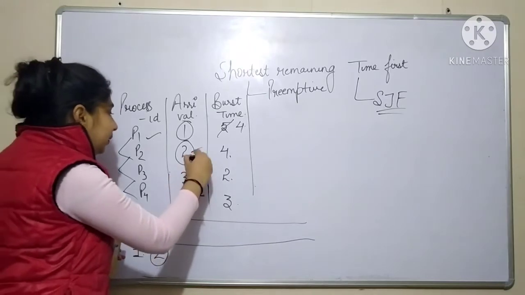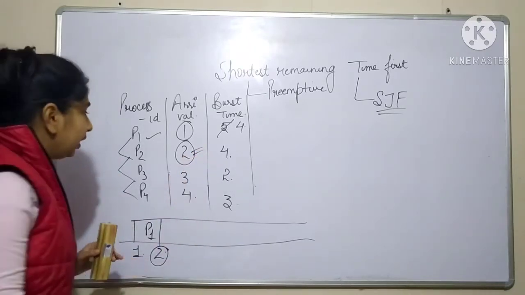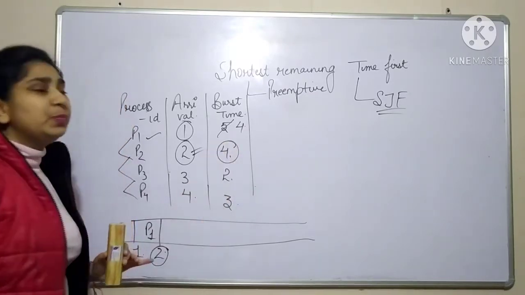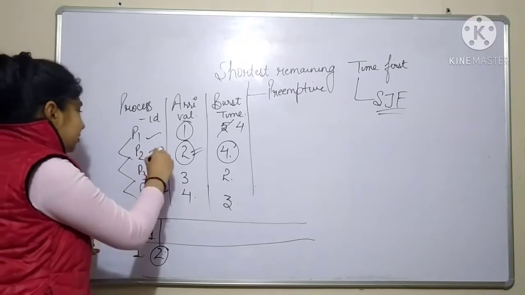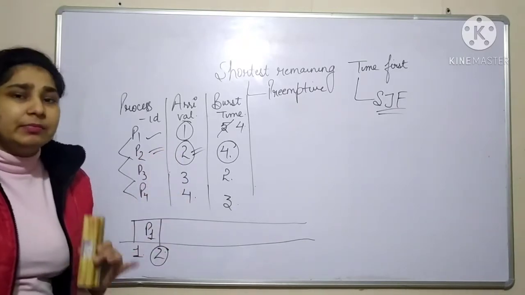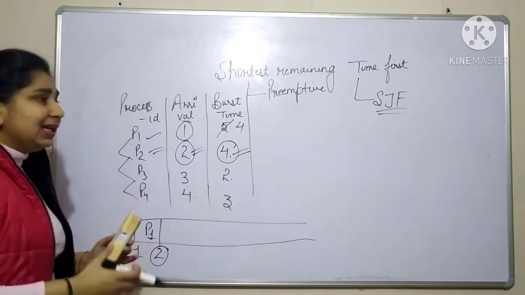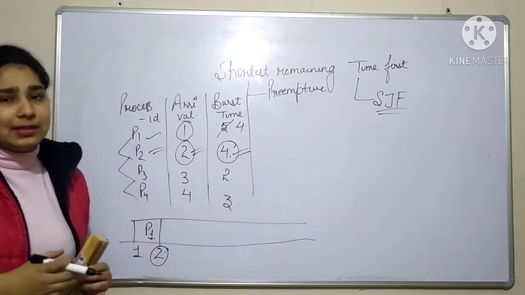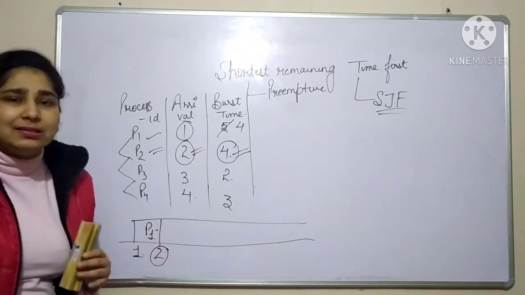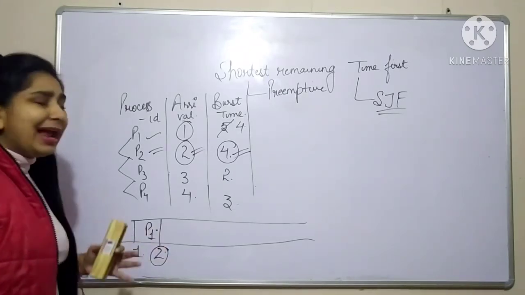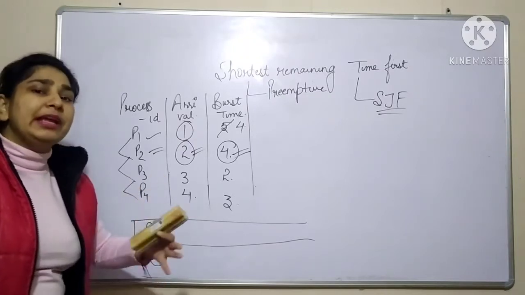So now there is one more process present in the main memory, and I will check its burst time. I will check if the process present in the main memory has less burst time than the currently executing process. Now your process P1 is executing, but I will always keep my eyes on the main memory.